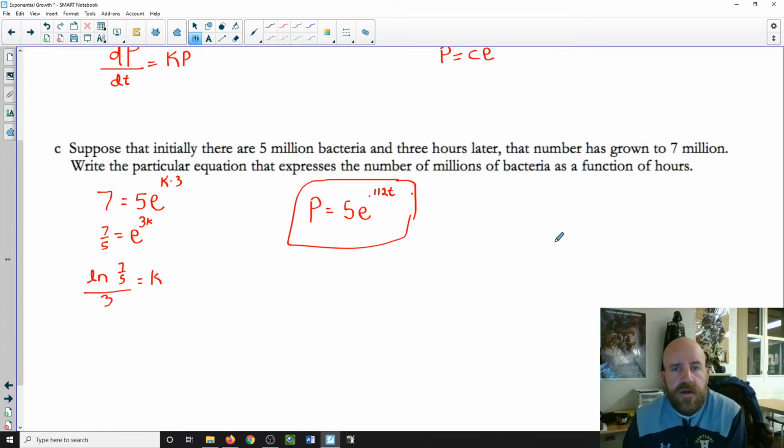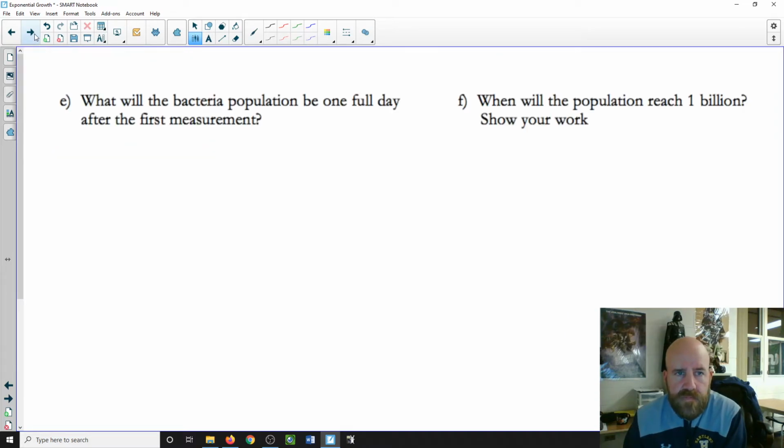Okay. Now we can use this to find other values. We have a couple more things to do with this. What will the bacteria population be 1 full day after the first measurement? We can think of the first measurement as just the initial value. Other problems are going to be a little bit more clear what you're actually calculating.